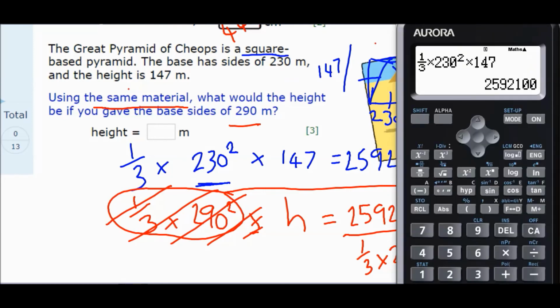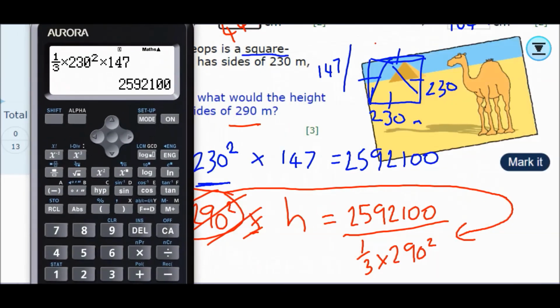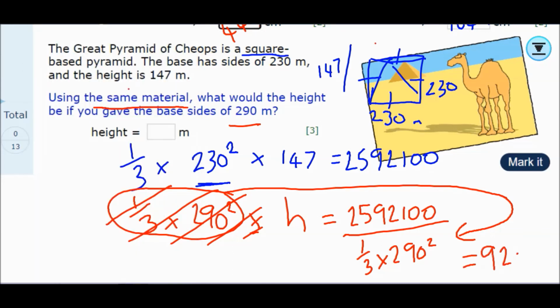So to calculate this, I'm going to do 2592100 divide by 1/3 of 290 squared. So that's going to equal 92.464. So if I round that to one decimal place, 92.5. 92.5 meters high.